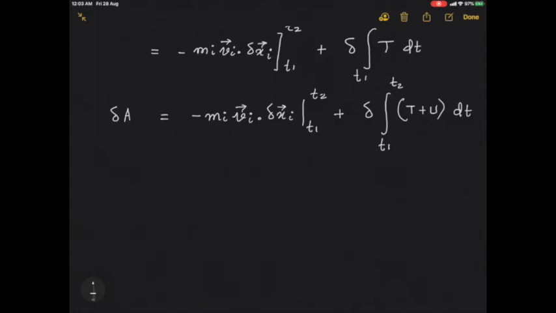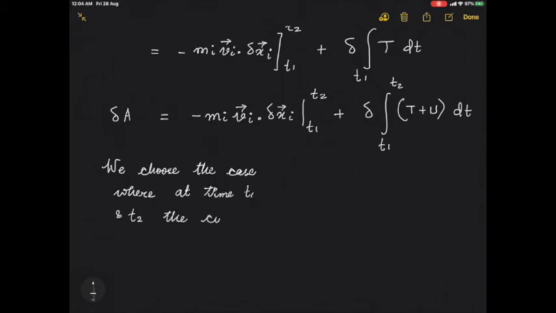And now it can be done different ways at this point, and we choose one particular way. We choose the case where at the times T1 and T2, the configuration of the system is known.